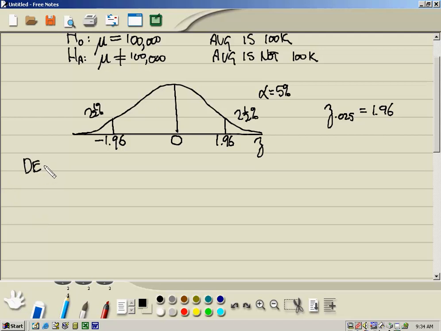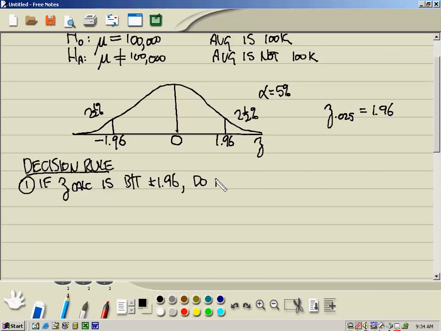Okay, so let's write that down. Decision rule. If z-calc is between the plus and the minus 1.96, null is possible.